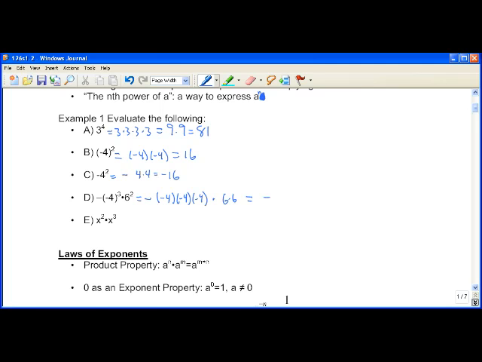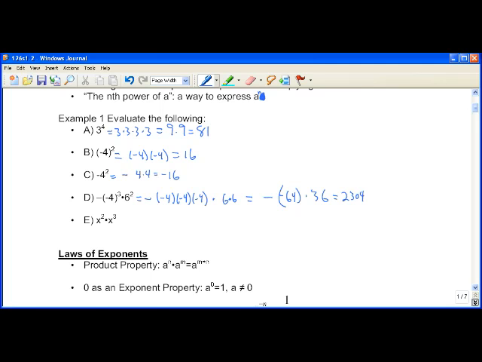So it's the negative of a negative 4 times negative 4 times negative 4, which is negative 64, times 36, because 6 times 6 is 36. So 64 times 36, what is that going to be? It's 2304. And the double negative cancels out.